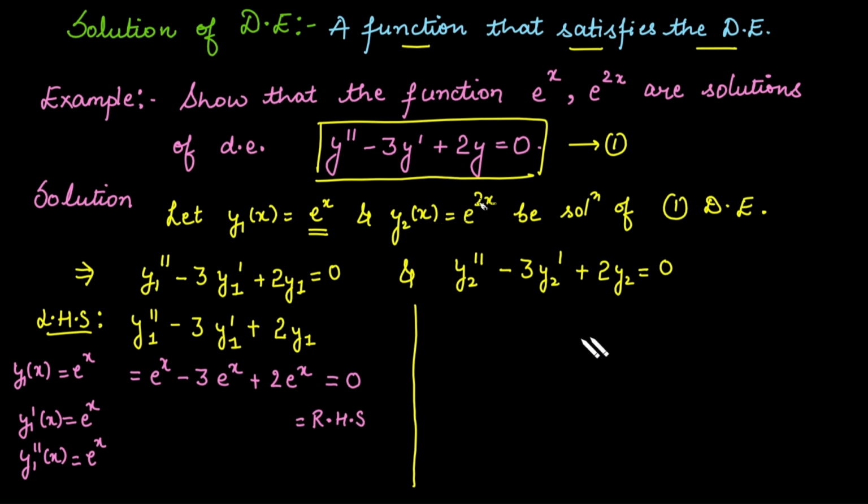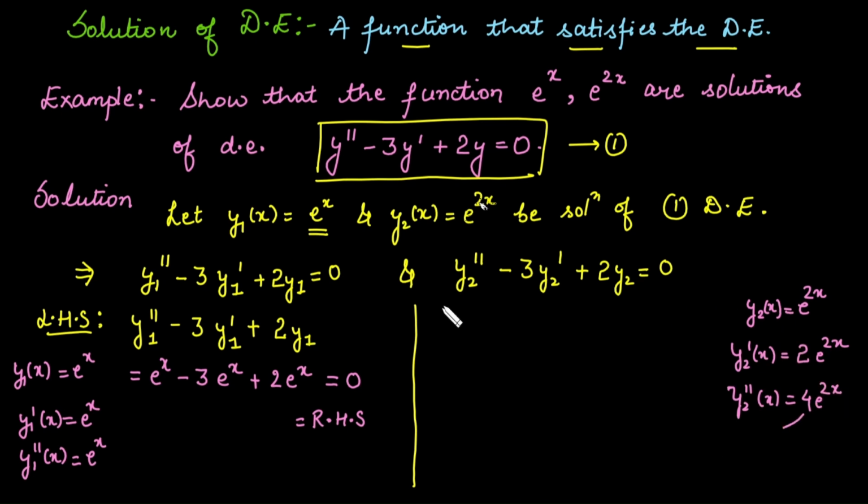The same we will do for the second function. We have assumed y2(x) is equal to e raised to power 2x. The first order derivative of this is twice e raised to power 2x. The second order derivative of this will be 4 times e raised to power 2x.